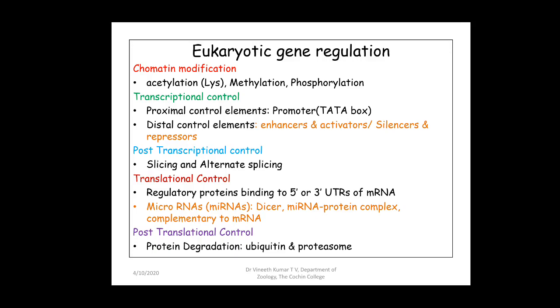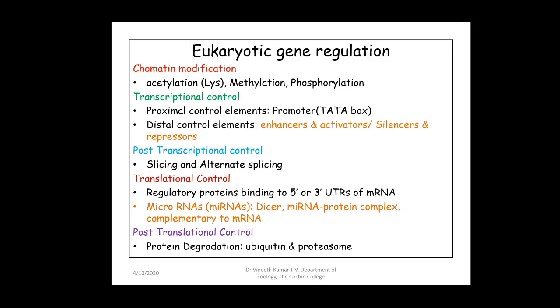Histone proteins move. When histone proteins move, the DNA will show up as double-stranded DNA. Then transcription occurs. So mind you, chromatin modification is not modification of the DNA. It is modification of the histone proteins to either remain as solenoid or to relieve the DNA for transcription to occur. So that is what is happening in chromatin modification.